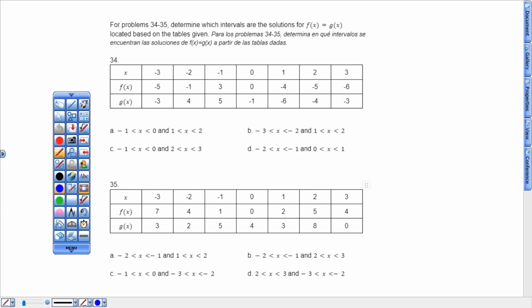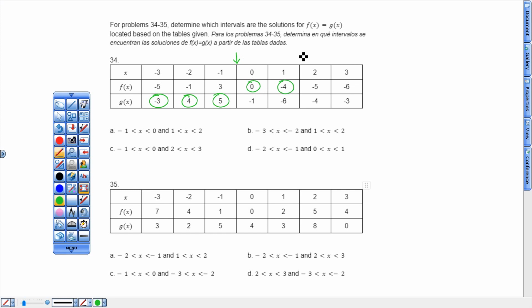This one, we want to see where the solution is. So again, looking at these numbers, looking at these x numbers, determine which is bigger. This is bigger. There's my pattern. G of x is bigger. As I go to the right, 4 is bigger than -1. To the right, 5 is bigger than 3. But this next switch right here, I could see now that 0 is more than -1. -4 is more than -6.